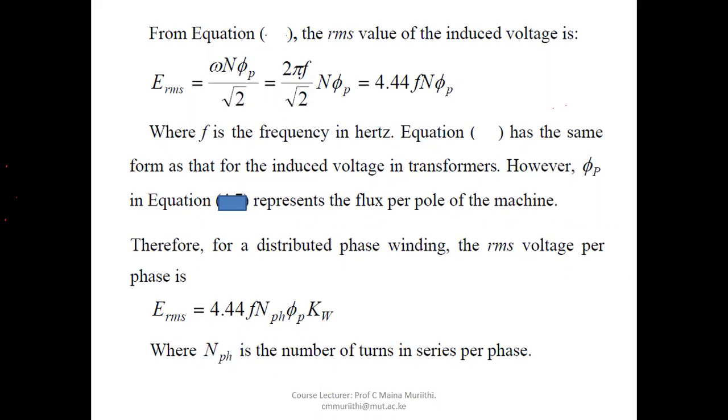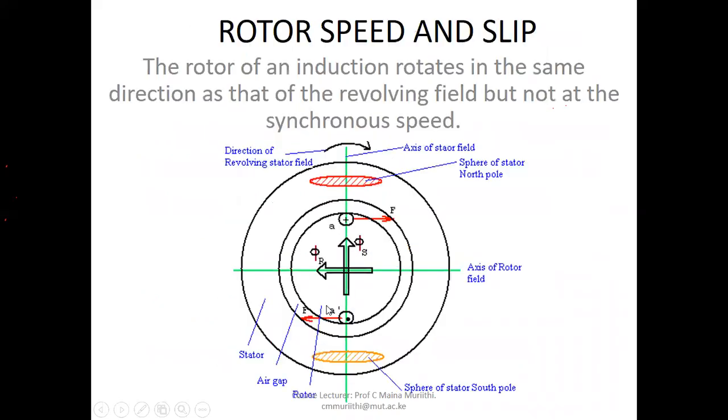The primary side, which is the stator, and the secondary side, which is the rotor, have no electrical connection. They are purely a magnetic linkage. And that's why this formula comes into play: 4.44 f, which is the frequency, the number of turns, and the flux per pole. So the only adjustment we do for the induction machine is we add a factor kW.